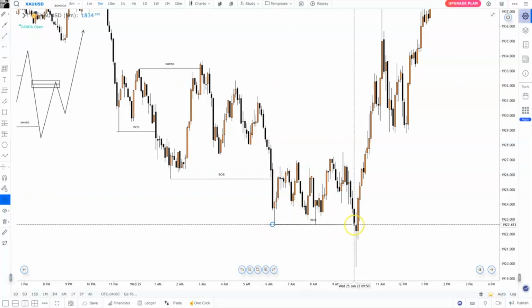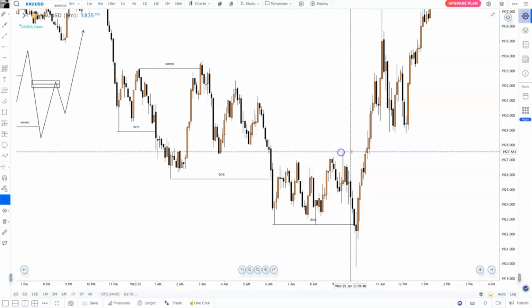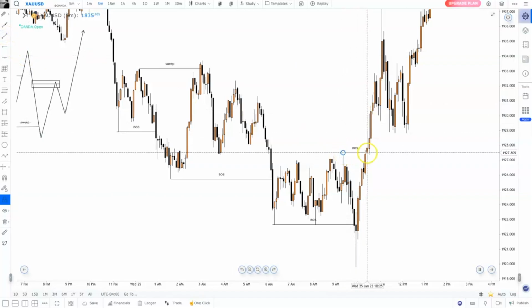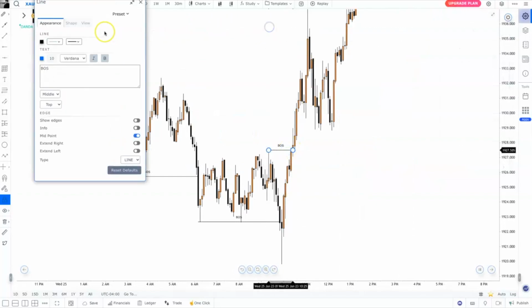Yeah, we can say that we have our breakup structure here in this area. Although, yeah, we definitely have it in there. So it's kind of weird, but you can mark this now right here as the change of direction, change of character right here.